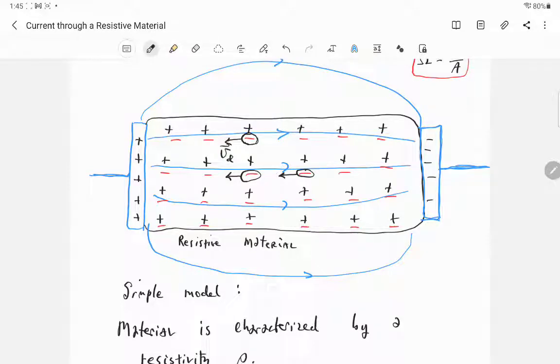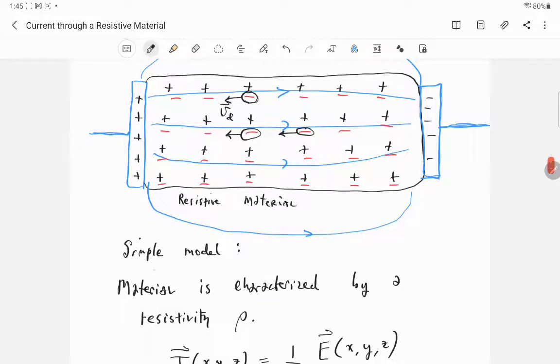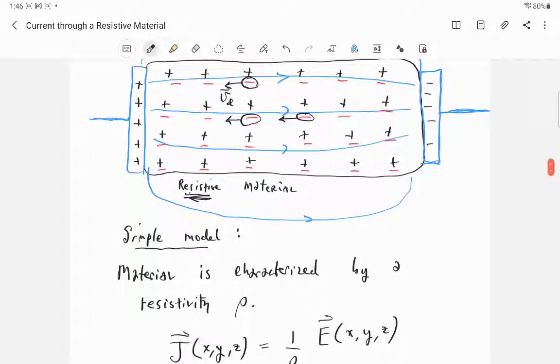So they're going to be accelerated leftward by the electric field, but we're going to come up with a model of resistance, or a model of what's referred to as the resistivity of a material, right? So that's what I'm going to describe next, this thing called resistivity.